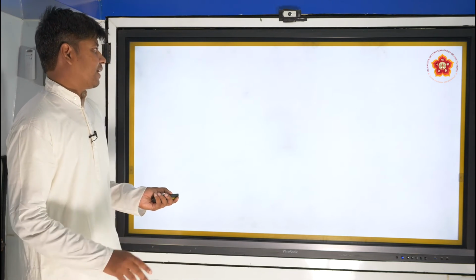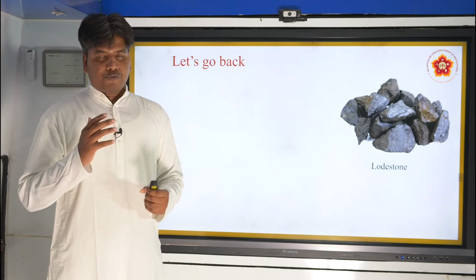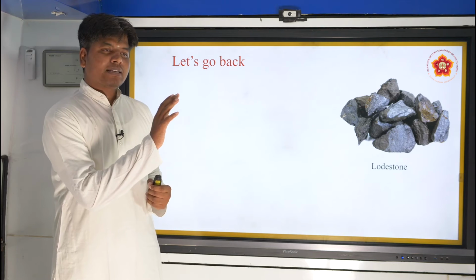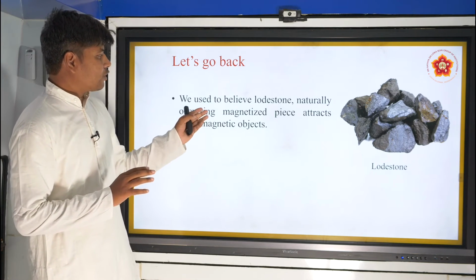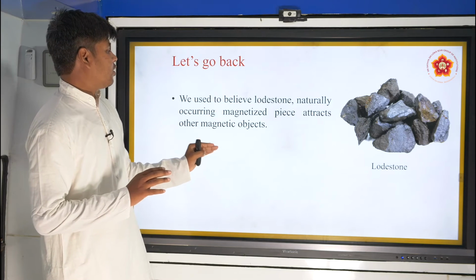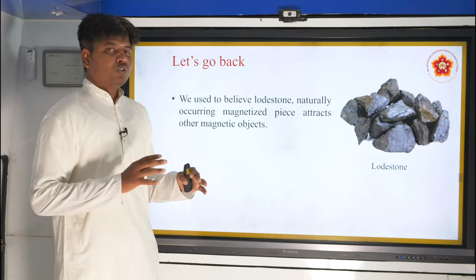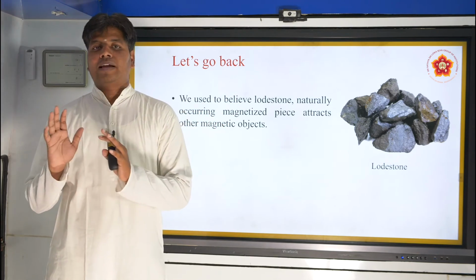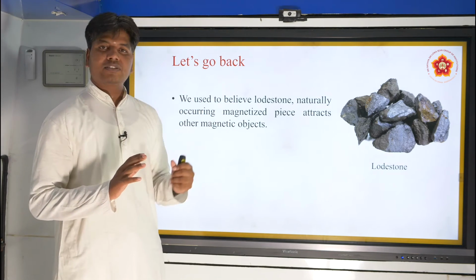Now let's go back to history, where we used to believe that there is a particular substance called lodestone, right? We used to believe that lodestone, a naturally occurring magnetized piece, attracts other magnetic objects. So we thought this is the only magnetic object that can attract all the other magnetic objects. These are the magnets we used to play with in our childhood days, right?